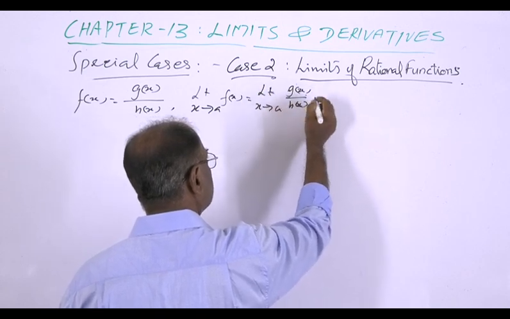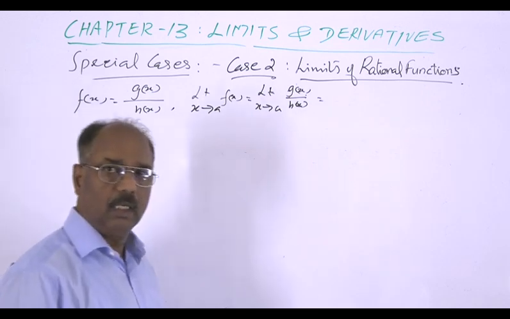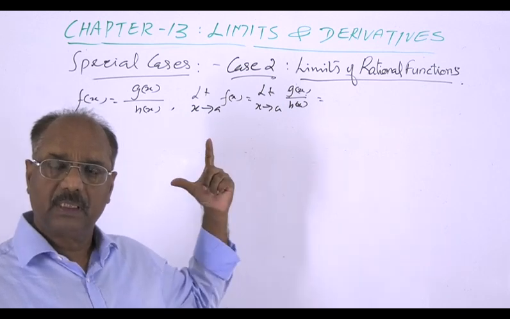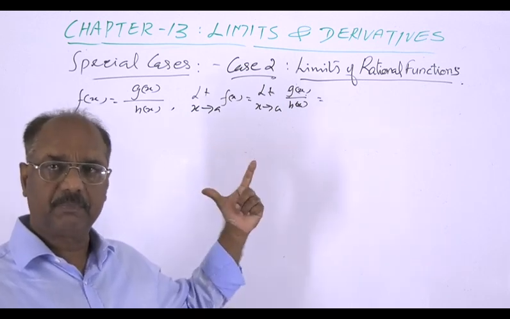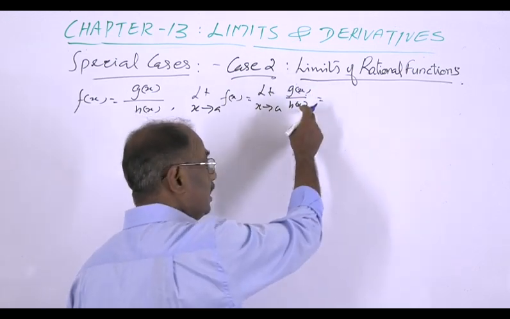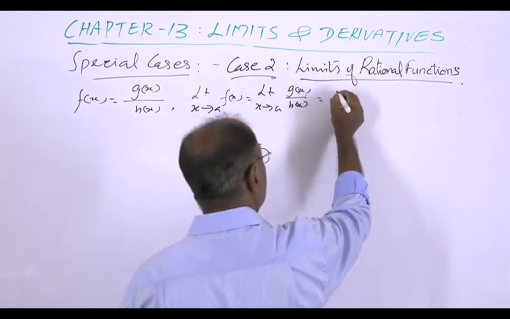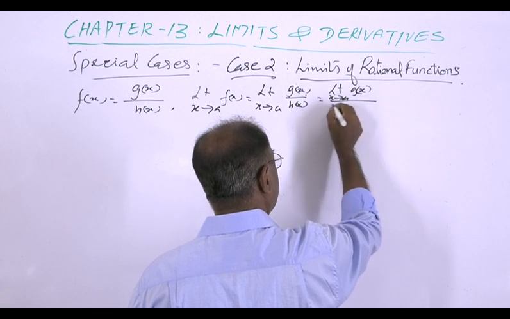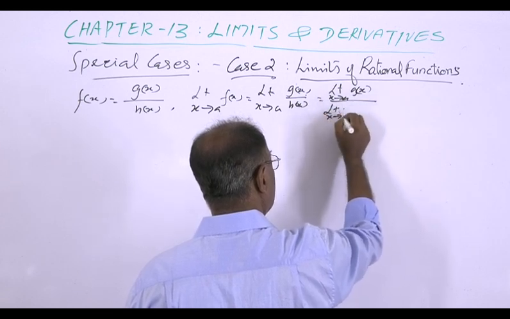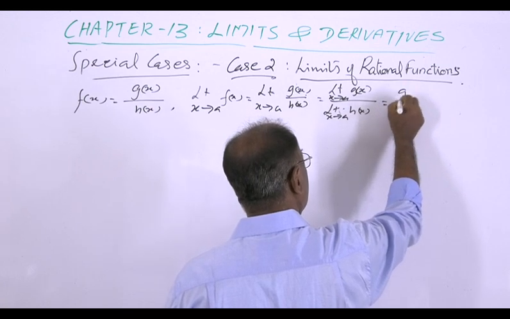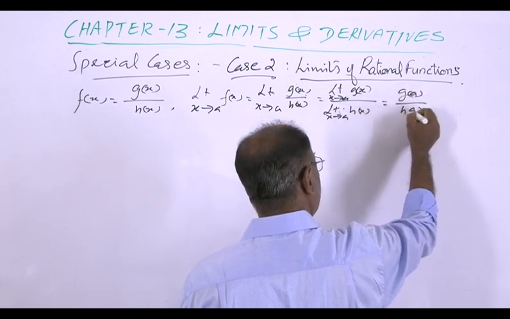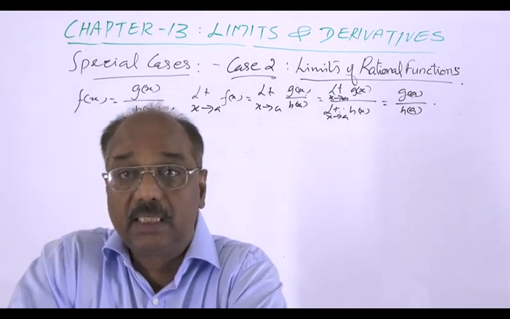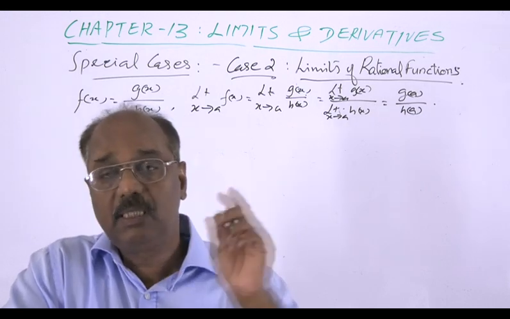Since g(x) and h(x) are polynomials, by the fundamental theorem, limit of numerator by limit of denominator, this is equal to limit x tends to a g(x) divided by limit x tends to a h(x), and this is equal to g(a) by h(a). Since g(x) and h(x) are polynomials, the limits are g(a) and h(a). So this is the limit.